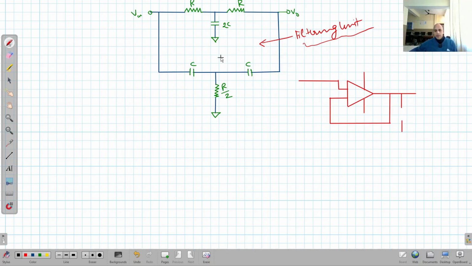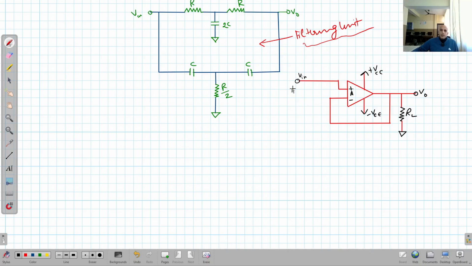Here is V input. A is the gain of this basic amplifier. It is positive, it is negative, plus V_CC, minus V_EE. This is the load resistor R_L, and this is V output. This is ground.